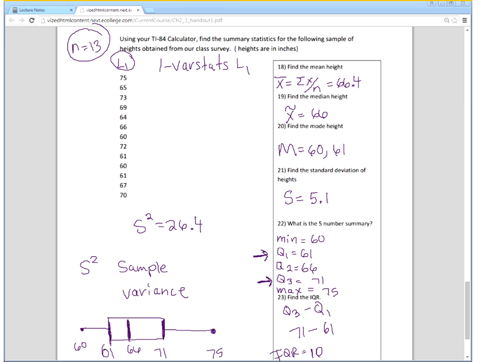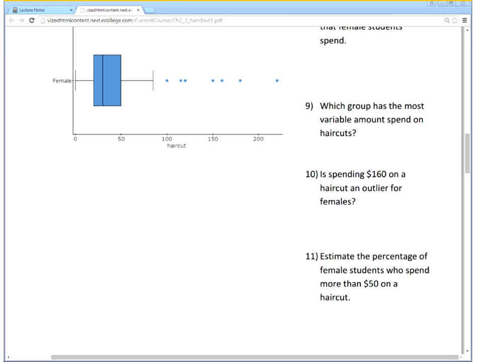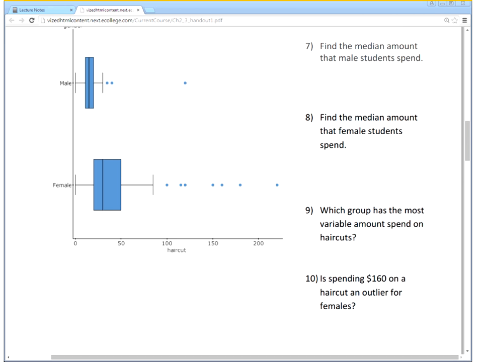And then I went and I looked at the raw data. And for the raw data, you see how it's presented to you. And you can also find measures of center. And here we also found the standard deviation and the IQR, which are measures of variation. Okay, so let's go back then and talk about box plots.